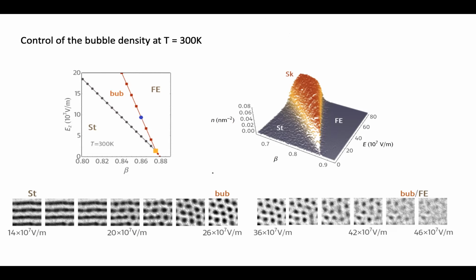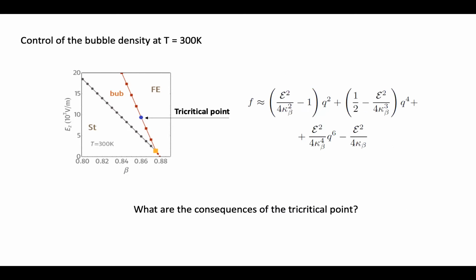This graph here shows you the density of bubbles. But what I find extremely interesting is that the transition line between bubbles and the homogeneously polarized state features a critical point, which is highlighted here with the blue dot. Surprisingly, you can recover it with the model that I was talking to you about before.